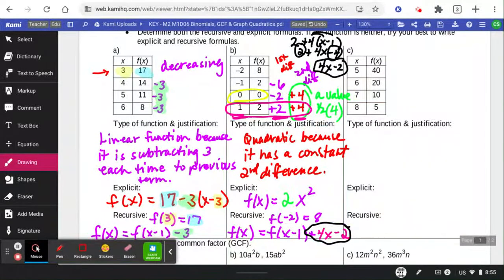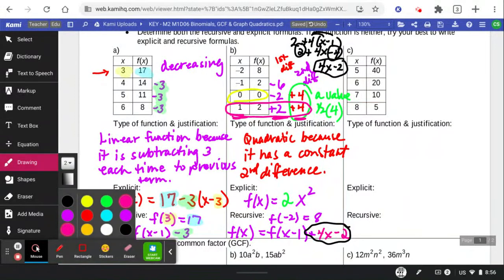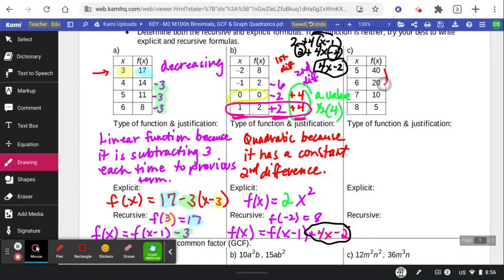All right, for the last table, do you notice it's just a nice little exponential one? How do I know it's exponential? Because it is half of the previous term.